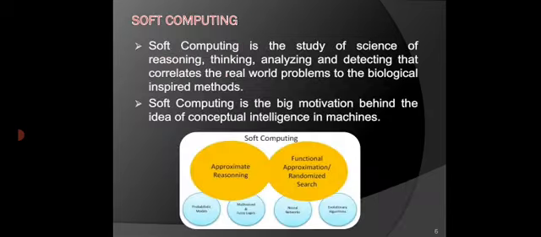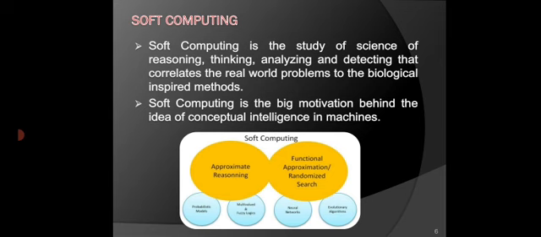So what is soft computing? Soft computing is the study of sense, of reasoning, thinking, analyzing and detecting that correlates real world problems to biologically inspired methods. Soft computing is the big motivation behind the idea of conceptual intelligence in machines.